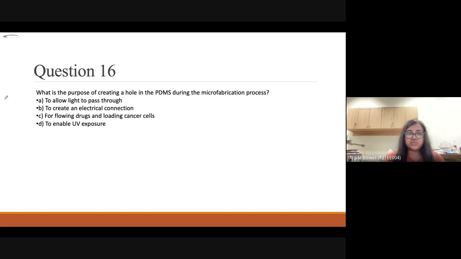So the right option is option C, for flowing the drug and loading the cancer cell.